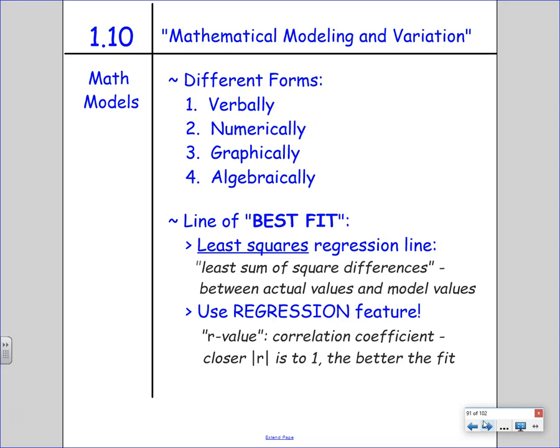What you guys are seeing right now is basically what we already talked about, that math models. We can model math with words, yes, with tables and data points, yes, that's statistics mostly, with graphs and algebraically.